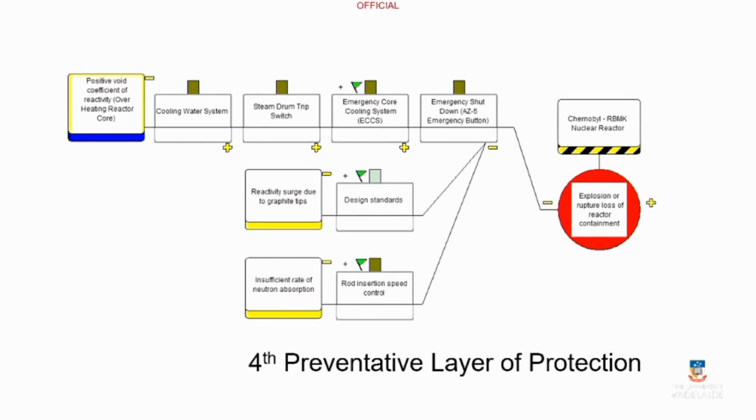Reactivity surge due to graphite tips, design standards. That's a threat. The problem with the emergency button, as I will explain, and as was explained in the video, is the way the graphite tips were designed: they were too short. When the rods were lifted out of the reactor to keep the reactions going, water made its way underneath into the pressure tubes.